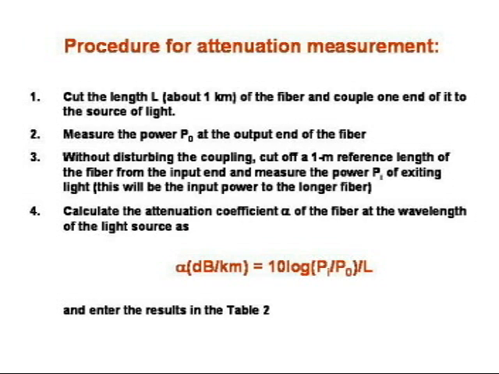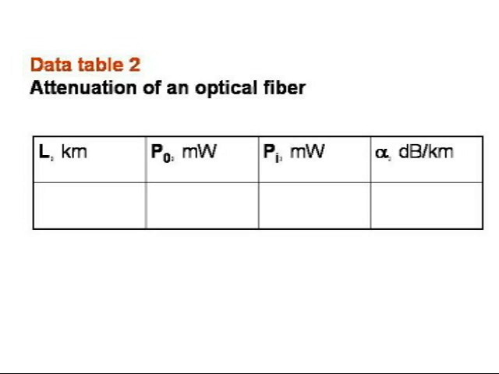This will be the input power to the longer fiber. And then you calculate the attenuation coefficient alpha in decibels per kilometer according to the following equation. It's 10 times the common logarithm of power Pi over the power from the long piece of fiber, and that log is divided by the length of the fiber in kilometers. And then enter your results in table 2, as you can see on the next slide.